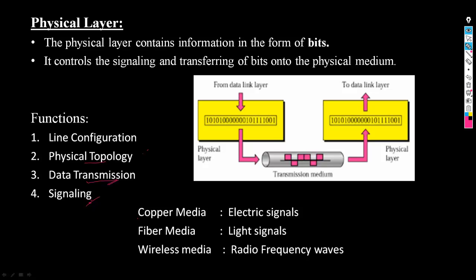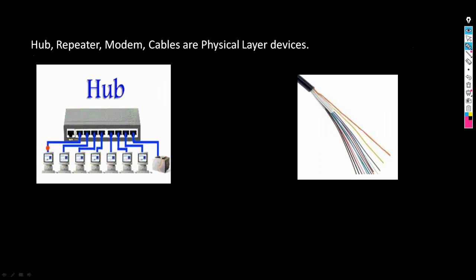Let's say if you are using copper media, then it will use electric signals, and if you are using fiber media, then it will use light signals, and in case you are using wireless media, then it will use radio frequency waves to send the information. And hubs, repeaters, modem and cables are physical layer devices. This works on layer 1.